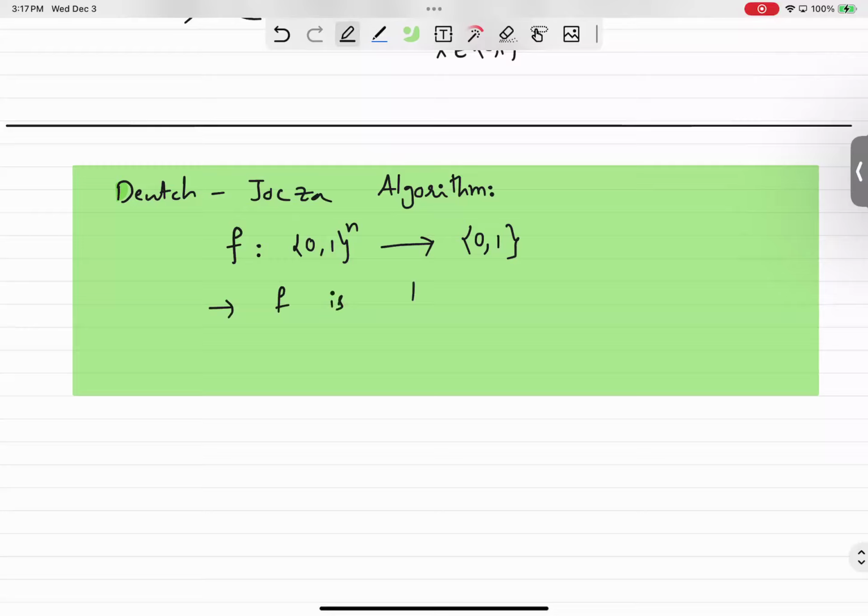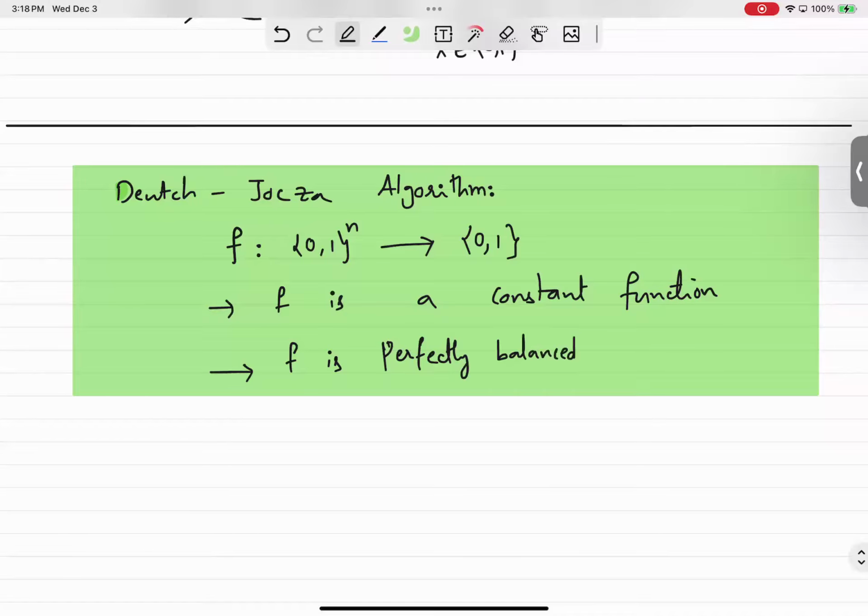F is a constant function, or F is perfectly balanced, meaning on half the inputs F is 0, and on half the inputs F is 1.